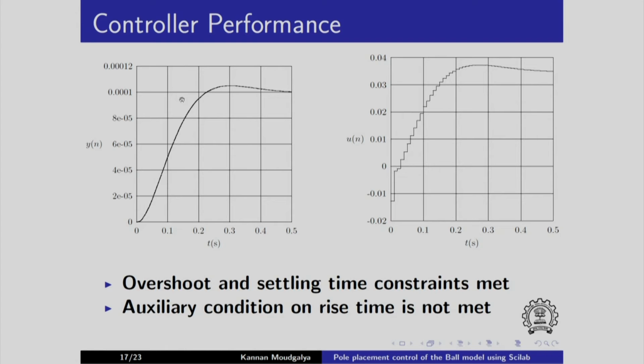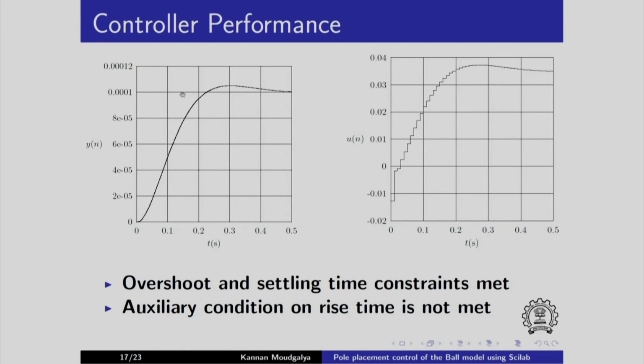In fact, I would want you to find out at least one other reason why we are not getting the same performance. But what we will do is, instead of going into those details, we will see if we can come up with an engineering approach to address this problem. Notice that I wanted 0.15 and I got 0.225 as the rise time.